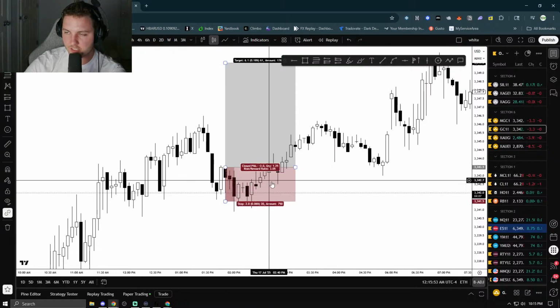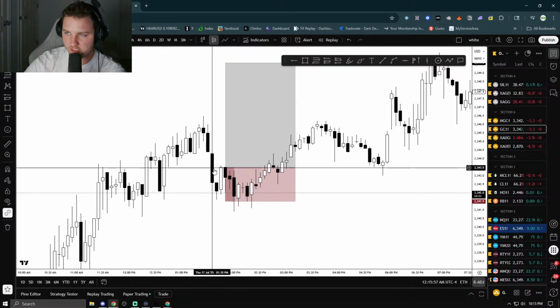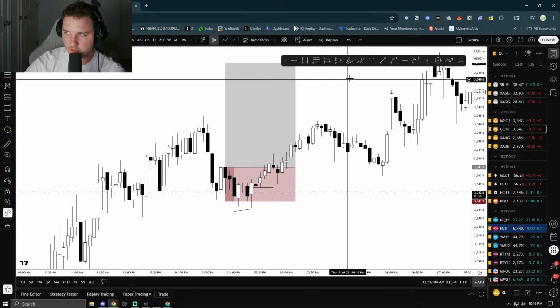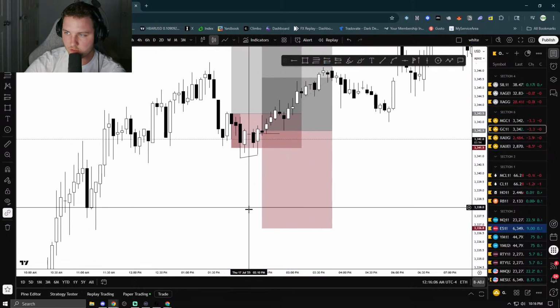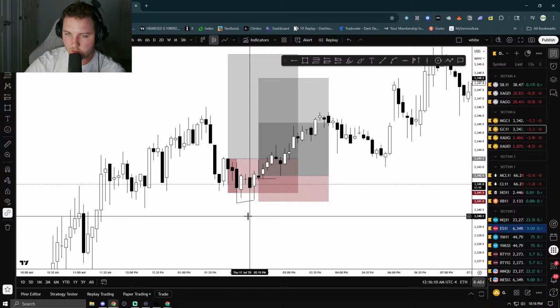Yeah, then you're just getting in too early because this is accumulation. So we expand, new phase of price, then you have to wait for the reversal signature. Buy there, buy there, stopped out.